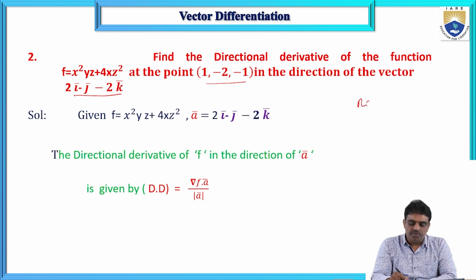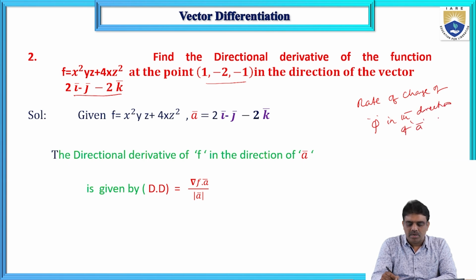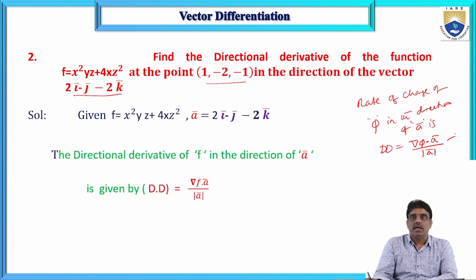The rate of change of phi in the direction of some vector a bar is the directional derivative. That is grad phi dot a bar by magnitude of a bar. Already we have seen the formula.